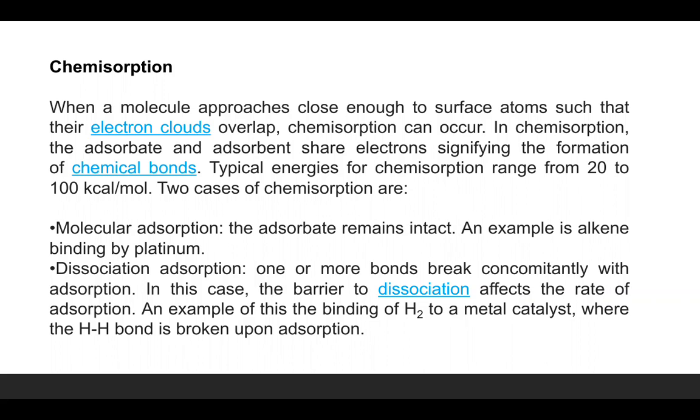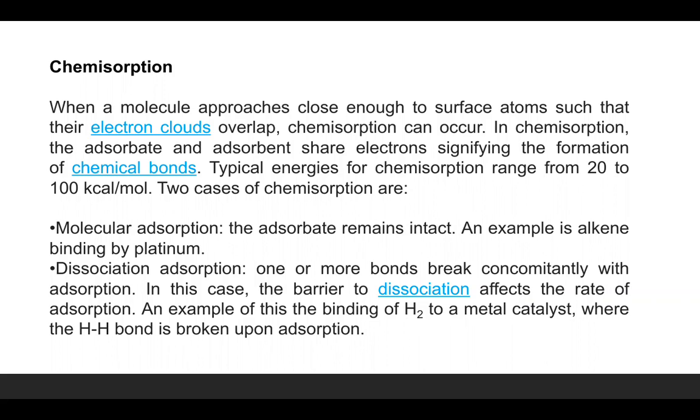The typical energies for chemisorption range from 20 to 100 kilocalories per mole. So you can see from the energy that physical sorption, or physisorption, and chemisorption are different. Chemisorption has a higher energy than physisorption. So logically, chemisorption is stronger.